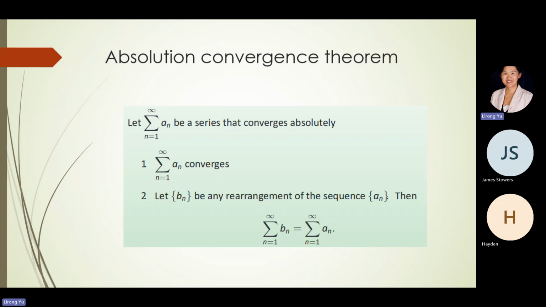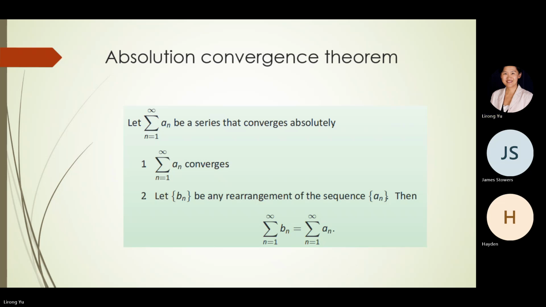Number one, of course, the series itself converges. Number two, suppose you rearrange the terms, like the first term moves to the third term, the fourth term moves to the fifth term, or you add every other term and switch them. Then the result will be the same answer, the same summation. Even if you have some negative terms, you rearrange them, again same answer, as long as the series converges absolutely.